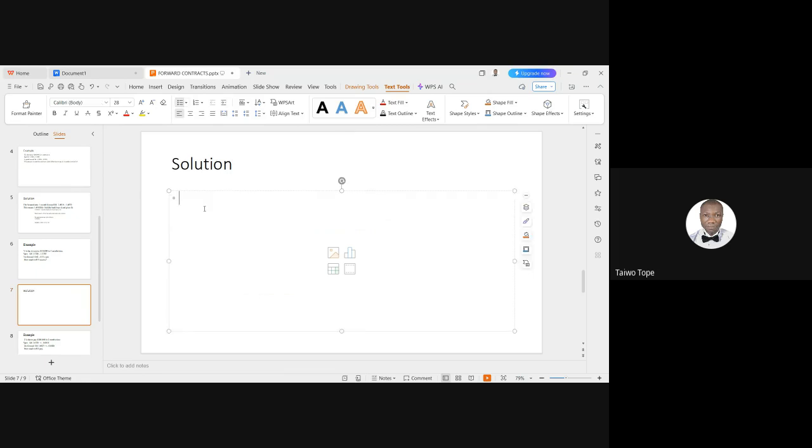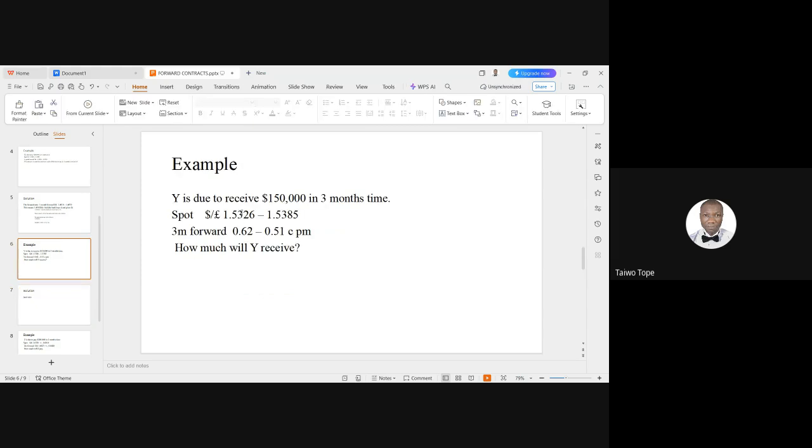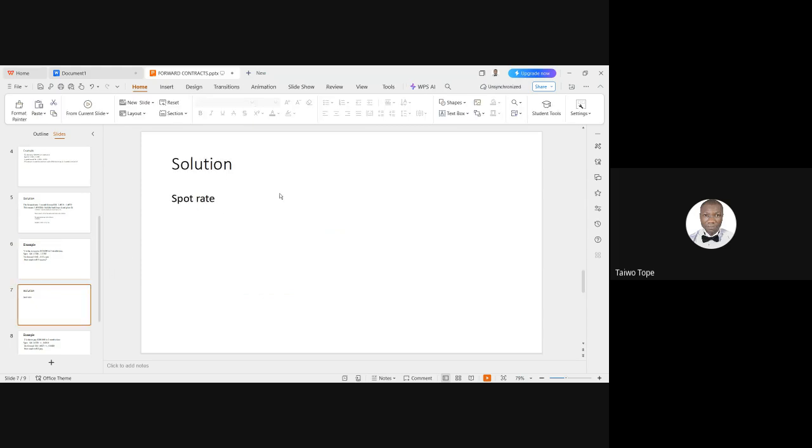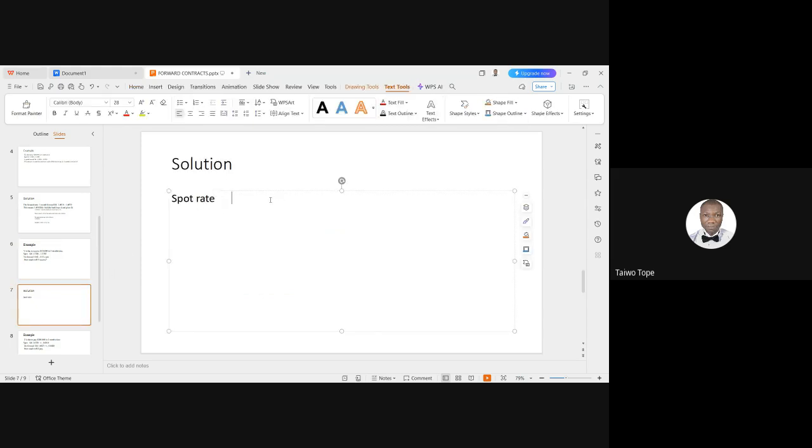The spot rate, according to the question, we have it as the bid and the offer: 1.5326 and 1.5385.